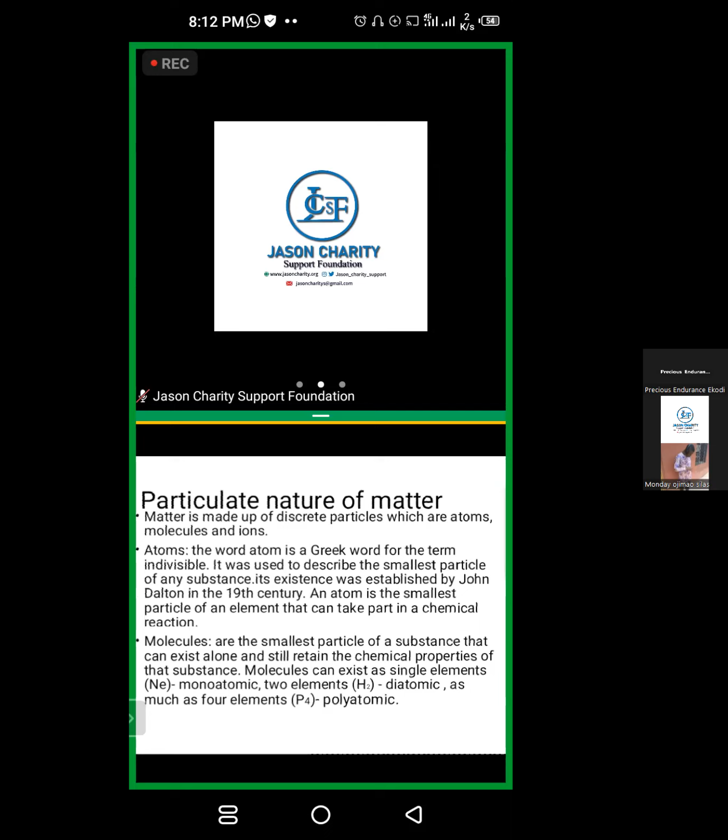Now, based on that, we have a definition of an atom as the smallest particle of an element that can take part in a chemical reaction. The smallest part, the smallest speck of an element that can take part in a reaction on its own, is an atom.